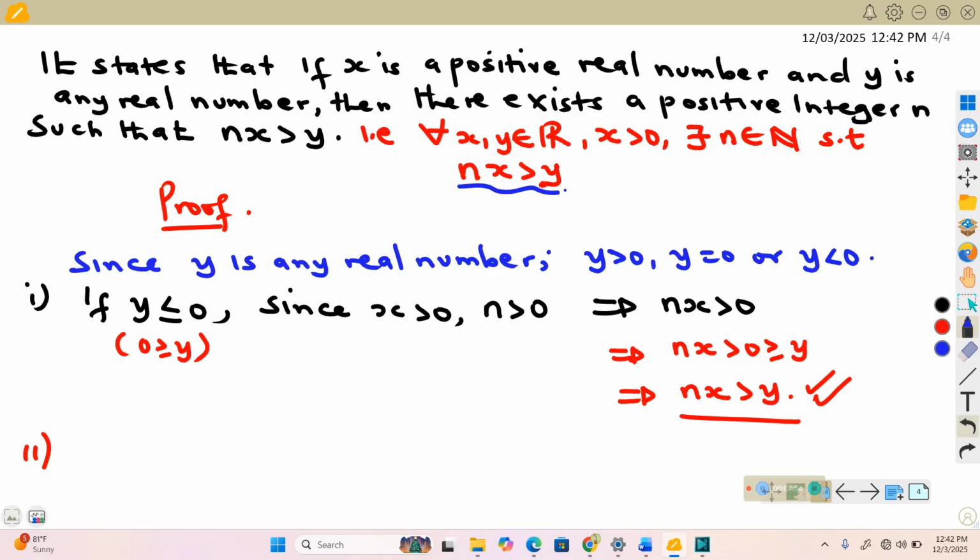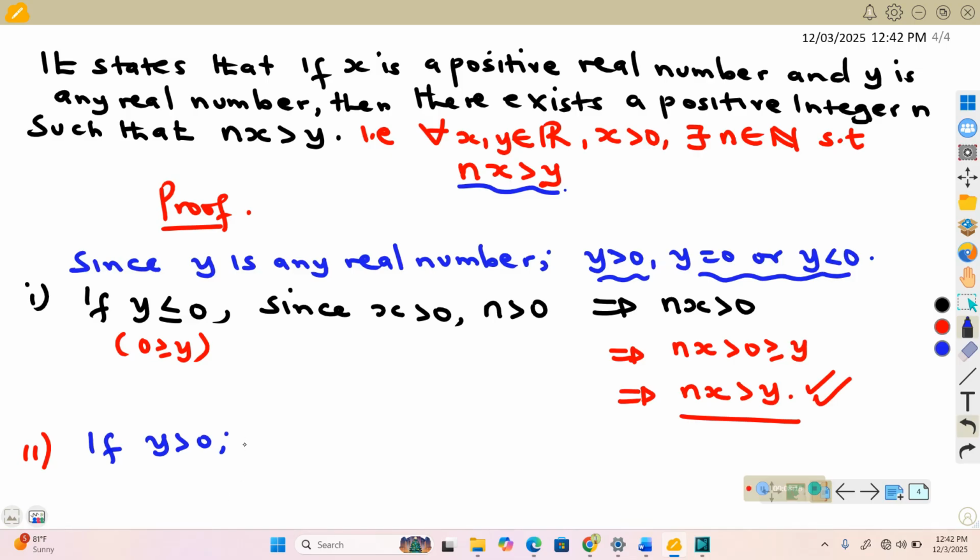Part 2, let us look at if y is greater than 0. Here we looked at the case where y is less or equal to 0. Now we are having another case where y is greater than 0.